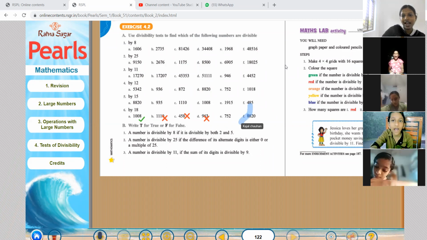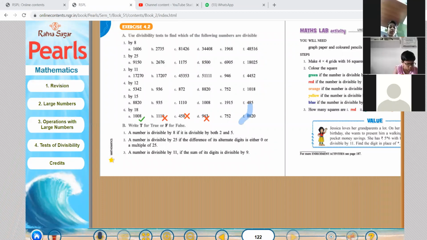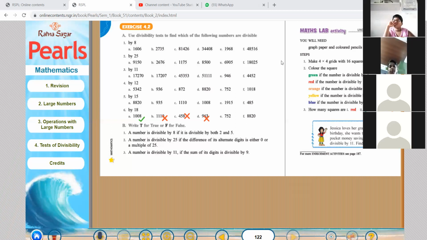You have to add the digits. What is the sum of 7 plus 5 plus 2? It is 14. Then is 14 divisible by 9? No, it is not divisible by 9.